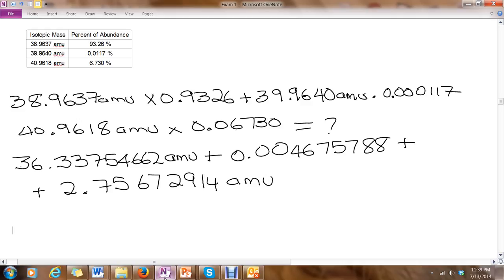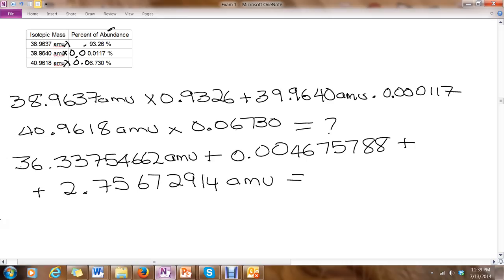So we have 38.9637 multiplied by 0.9326, the fraction of this one, and the others by their fractions, up to 0.0673. Each one gives you a number, and then we add the three of them to obtain the average mass.